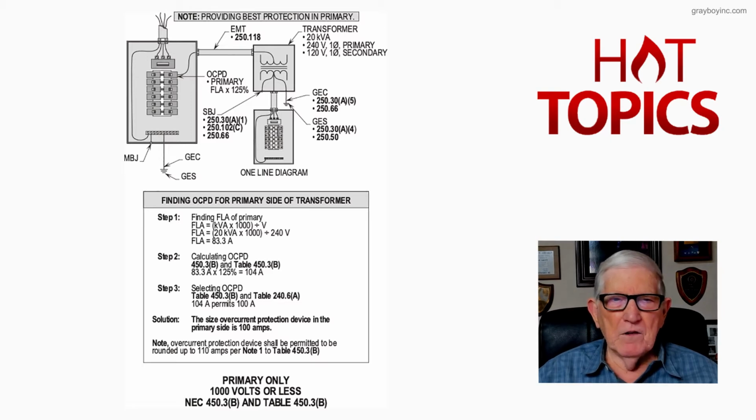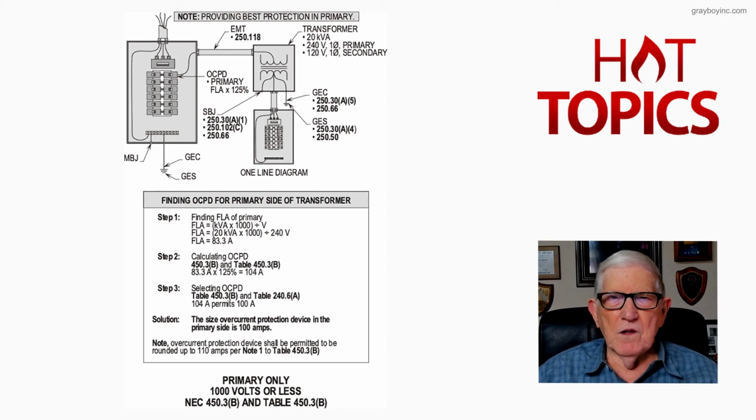In step 1, to get the FLA, we take the kVA times 1,000 divided by the voltage. So we take 20 kVA times 1,000 divided by 240. The FLA is 83.3. Step 2, we select the overcurrent protection device.